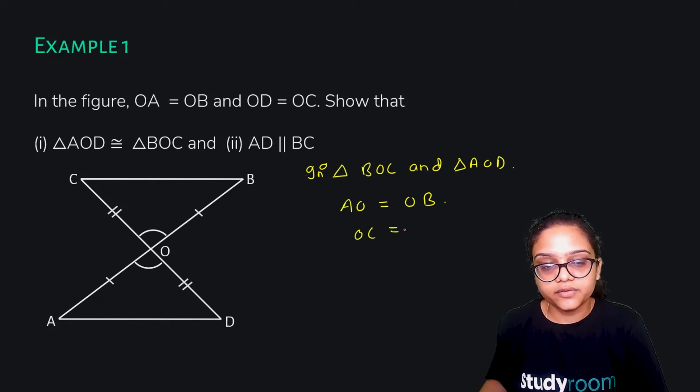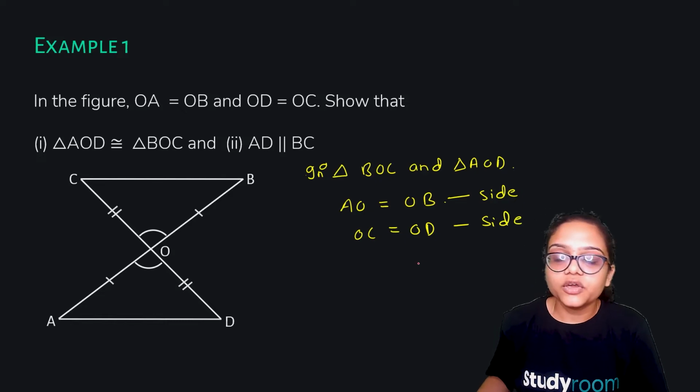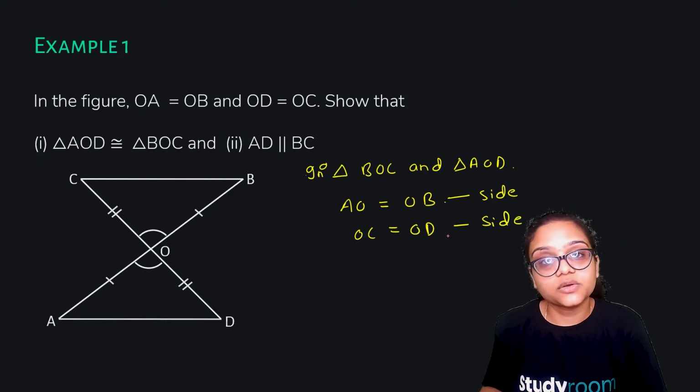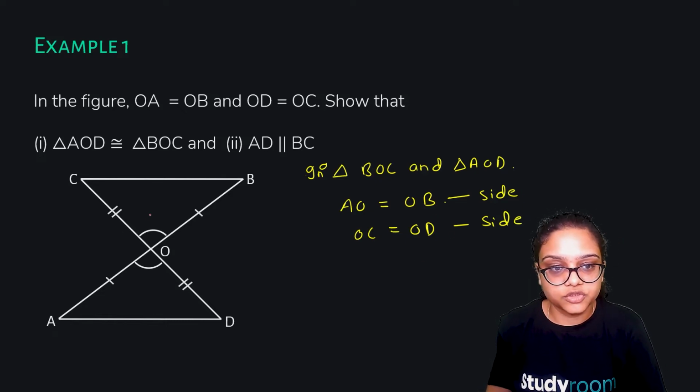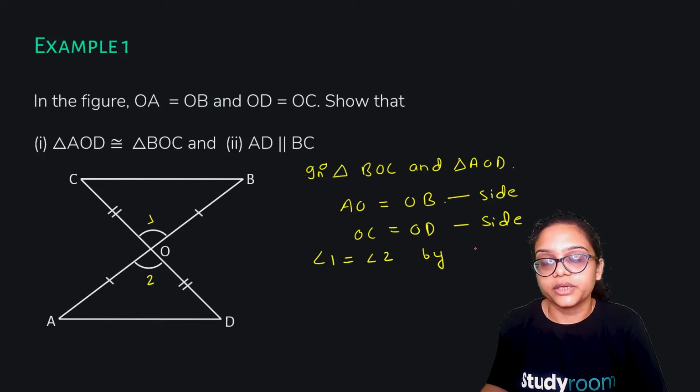OC is equal to OD, it's given. Now, we have got two sides. Either we could go for the third side, but it's not given, so we'll go for the angle including both the sides, which will be angle 1 and angle 2. We also know that angle 1 is equal to angle 2, because they are vertically opposite.